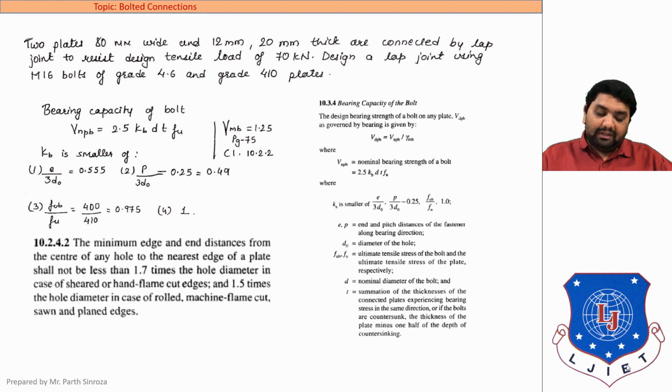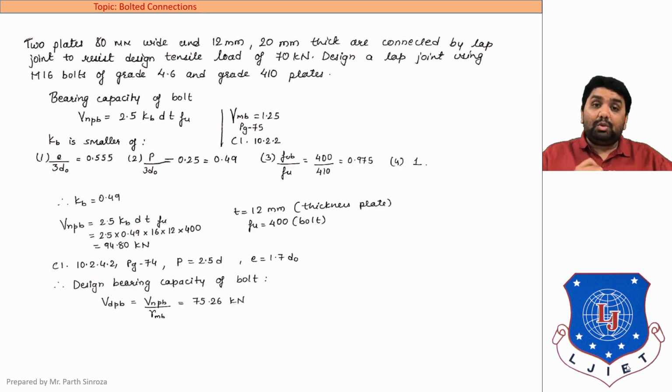Now moving on to next, we will be calculating D, T and FU. So the equation here becomes VNPB equal to KB, that was 0.49, D, that is diameter of bolt, here it is given as 16. Now regarding thickness, in the question two thicknesses are mentioned, 12 mm and 20 mm.